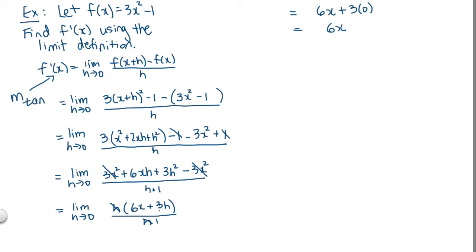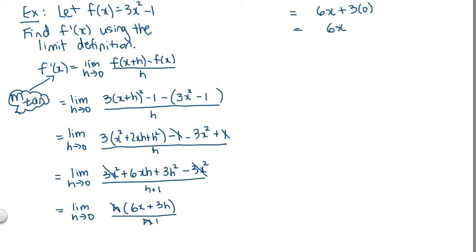So remember, at the step where you plug in h equals 0, you can stop writing your limit expression. So now what we figured out is that the slope of the tangent line, m tan, at any point along this curve here is equal to 6x.